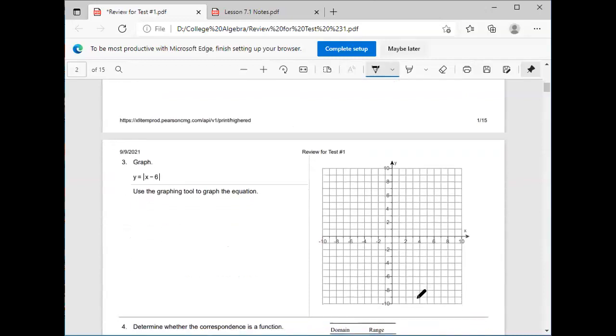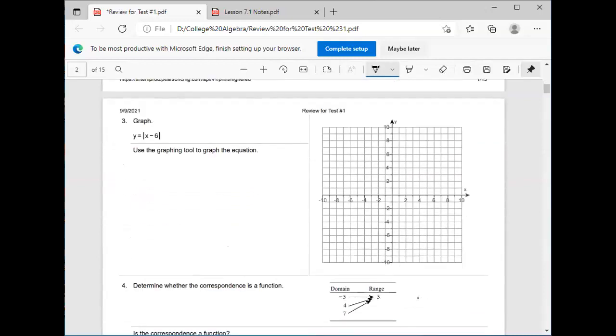So number 3. How do we get this absolute value thing to show up in our calculators? Anybody remember the buttons? It is math. Go over to number, and then you should see where it says ABS, and I think parentheses like that.